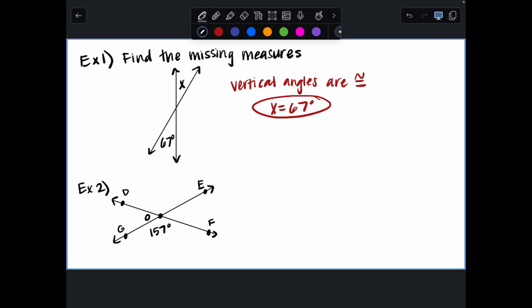This is an O, a letter O, not a 0. The middle point is letter O.